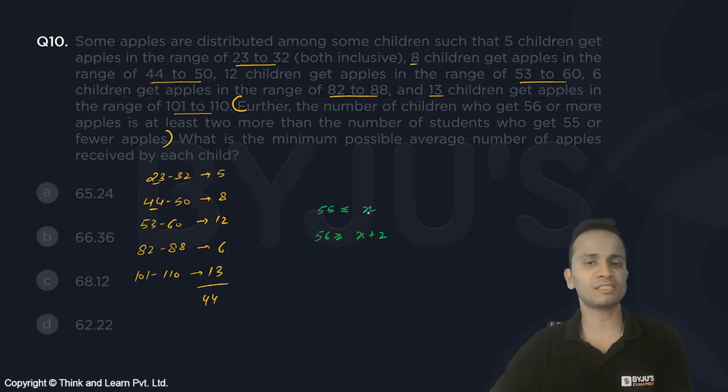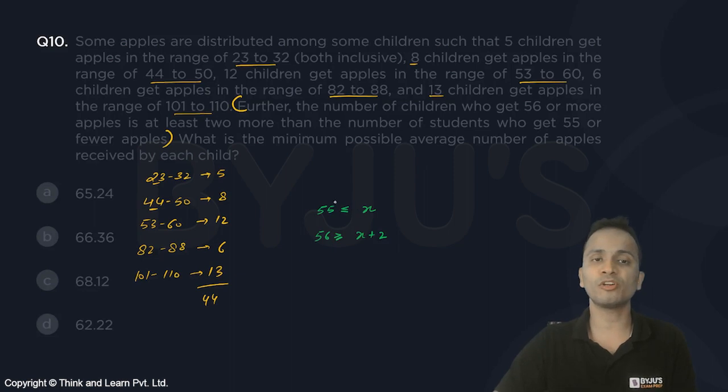Now if I'll be maximizing the value of x, then it will in return maximize the value of x plus 2 only. So I'll put more number of children in this range, which is less than equal to 55, and hence I'll get lesser number of children in this range. Because the sum is constant, right?